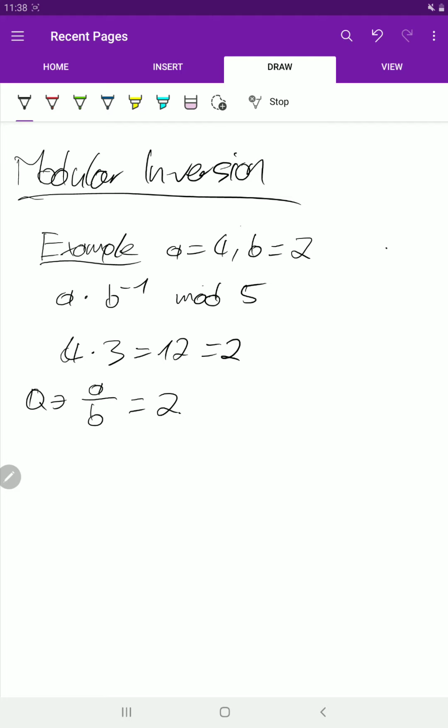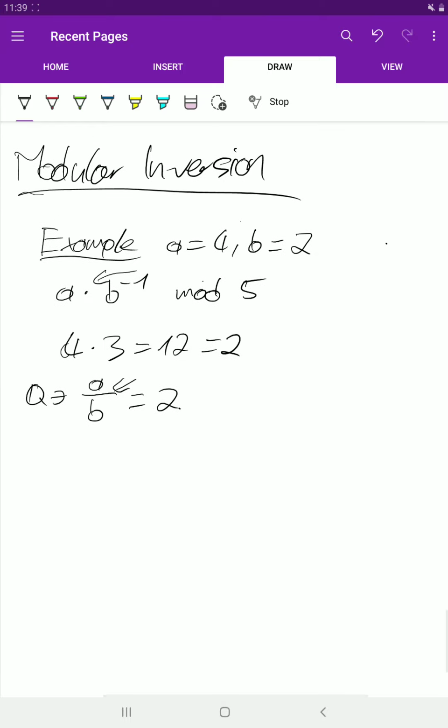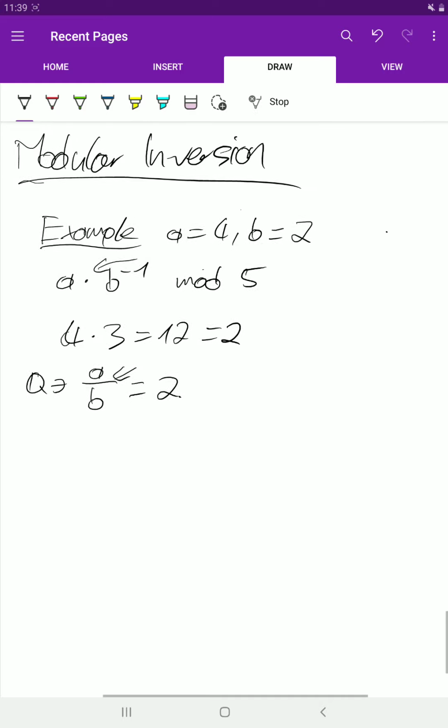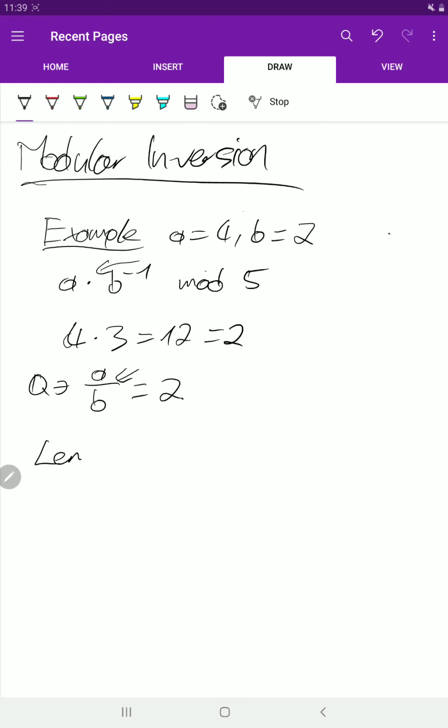And that's no coincidence, so maybe you wouldn't even bother thinking about it, but here we have division in the rationals, and here we have inverses modulo 5, so now we want to prove that this holds in more generality.